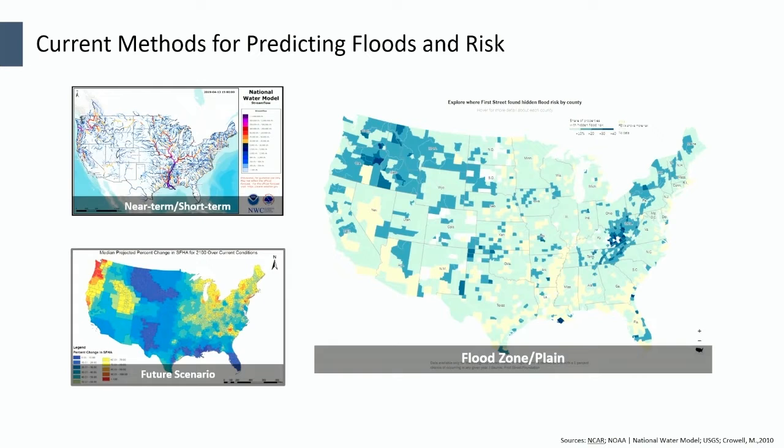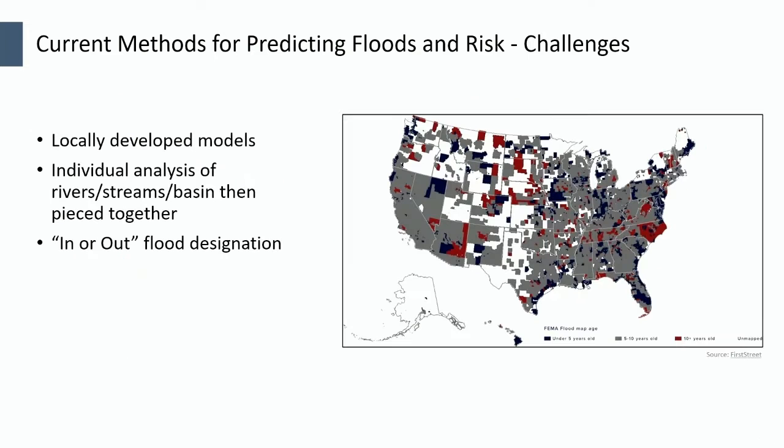That way flood managers have some type of actionable information they can use to prepare ahead of the season, and resources and other things can be deployed to possibly mitigate some of the risks from these extreme flooding events. So that's just one challenge related to some of these current methods.